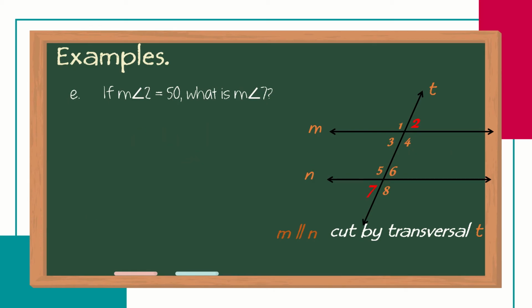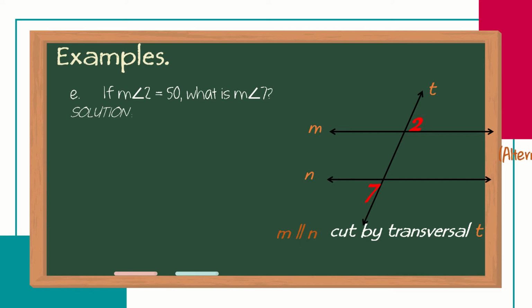If the measure of angle 2 is equal to 50 degrees, what is the measure of angle 7? Can you identify the angle pair formed by angle 2 and angle 7? What is it then? That is right. Angle 2 and angle 7 are alternate exterior angles.